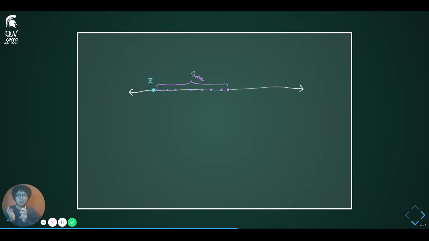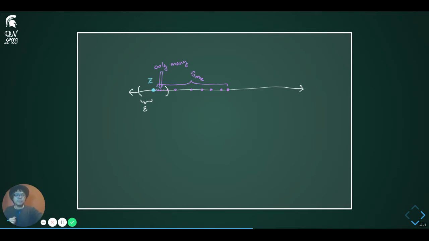So here I drew the subsequence s sub m sub k, which converges to z. A particular consequence of this convergence is that if we draw an interval with width 2 epsilon centered at z, there are infinitely many terms of the sequence s sub m within this interval.